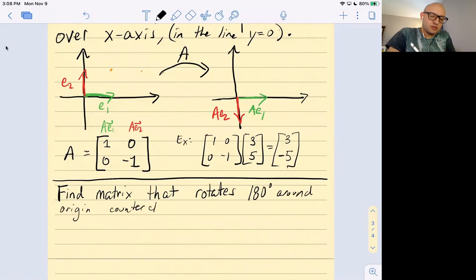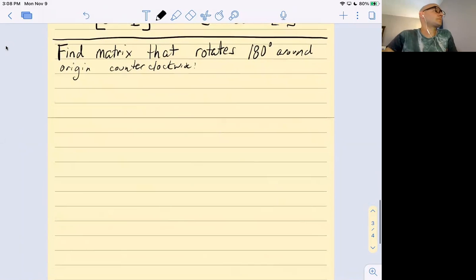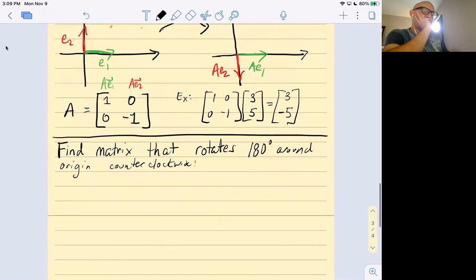It doesn't really matter because it's 180, but I'll just write it counterclockwise. Okay, I'm going to ask you guys to do this one, and message me when you're done. Message me if you have no idea at all where to start also. I'll leave the other picture up.